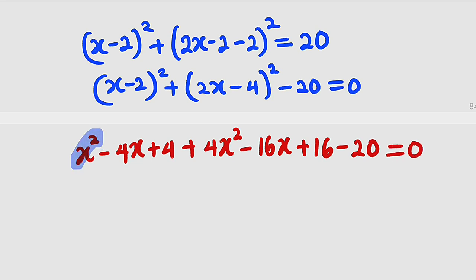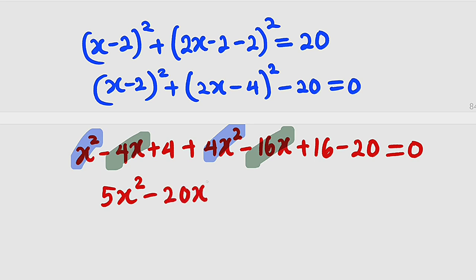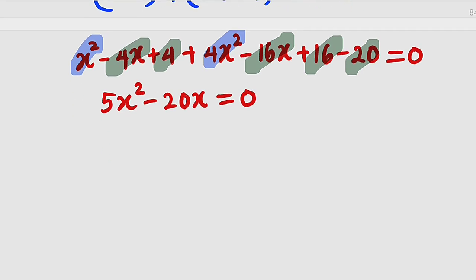We have x squared and 4x squared giving us what? 5x squared. We have negative 4x and negative 16x, which will give us negative 20x. And we have 4 plus 16, which is 20, and 20 minus 20 is 0, so we only have the equation equal to 0. To the left hand side, we have 5x in common, right?